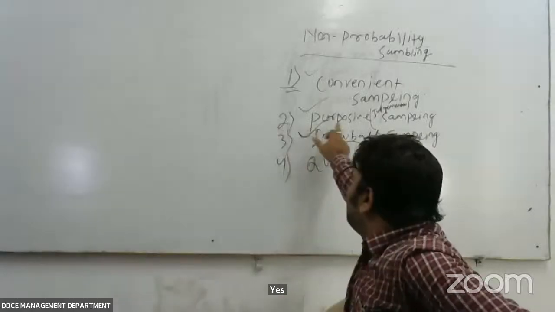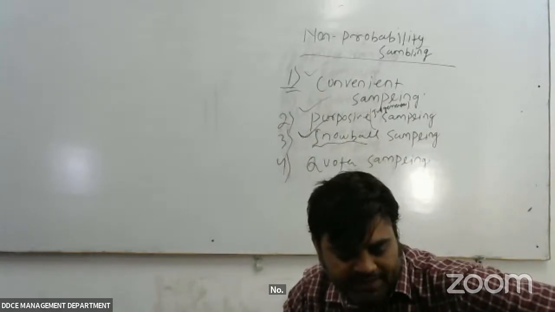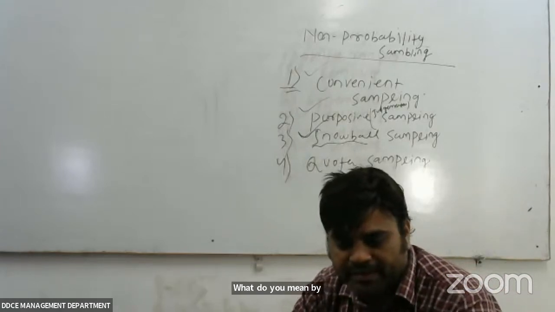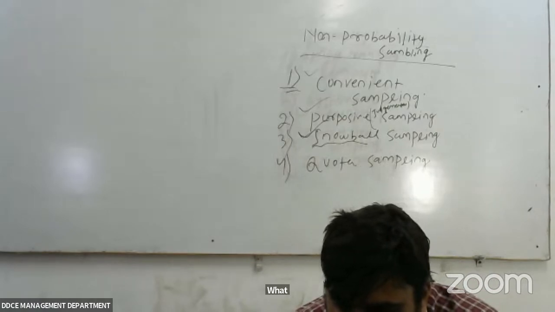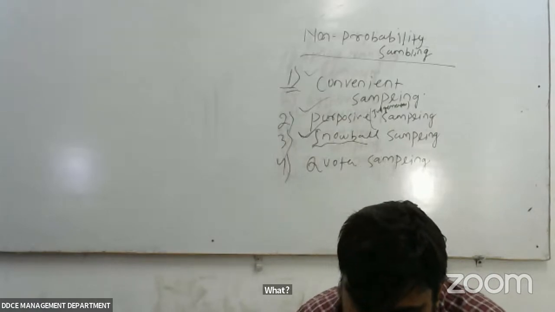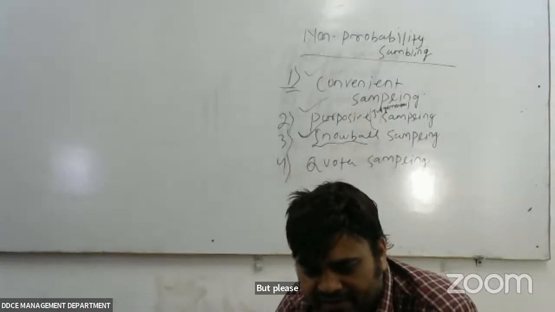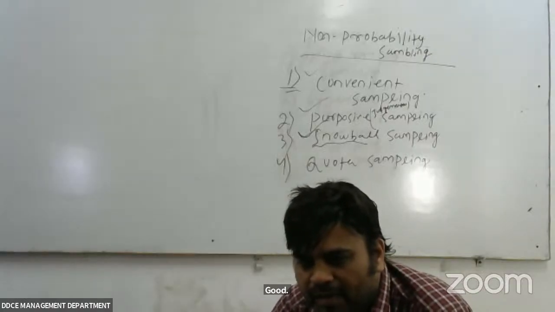Now another one is purposive or judgmental sampling. What do you mean by purposive? What is the meaning of purpose? It means there is some reason, an intention. There is some reason behind the sampling. So why is it non-probability sampling?